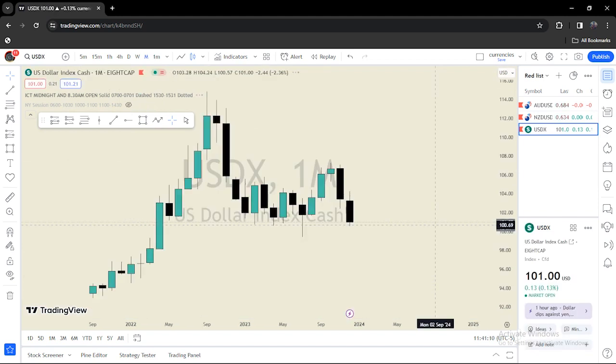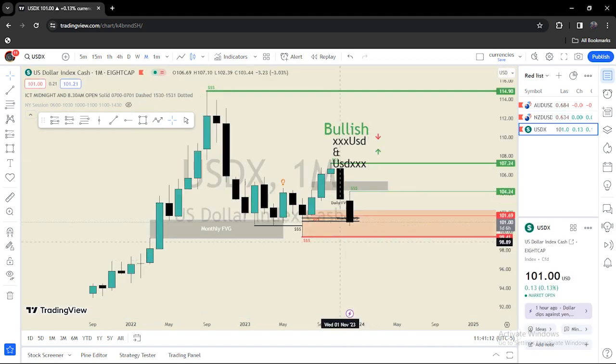Let me show you the US dollar index. I expected it to respect this order block, the one in July. As you can see, this was November, and then it didn't.